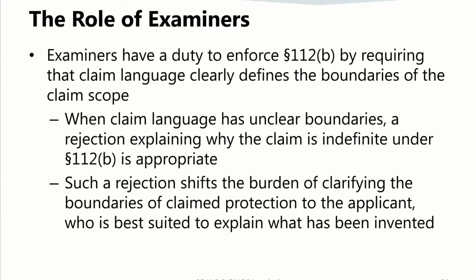In fact, courts and the Patent Trial and Appeal Board, or PTAB, will look and sometimes quote or cite to examiners' remarks when construing a claim and determining validity of a patent.